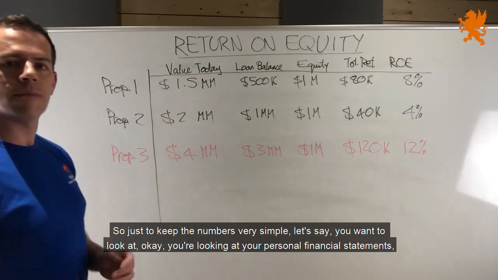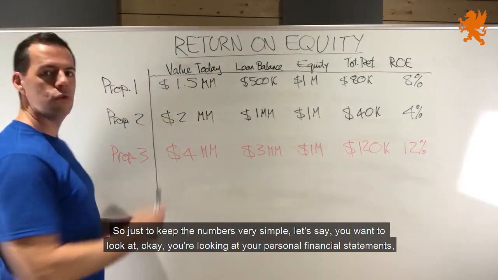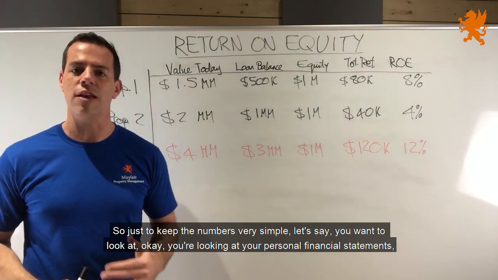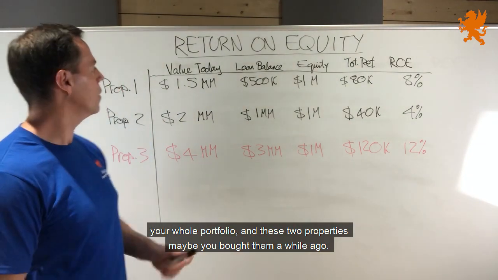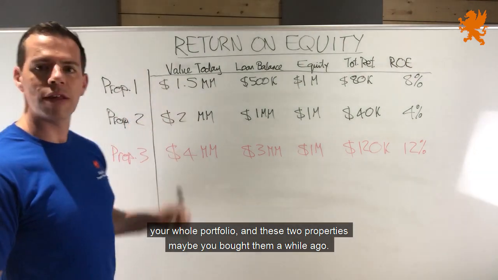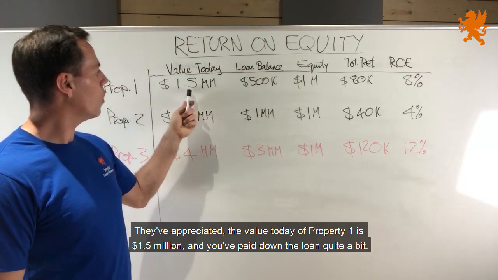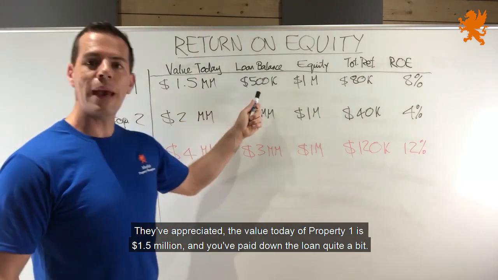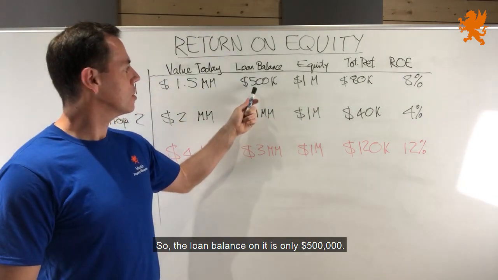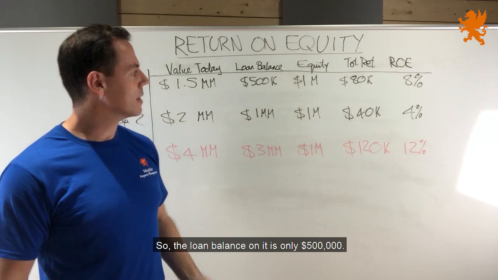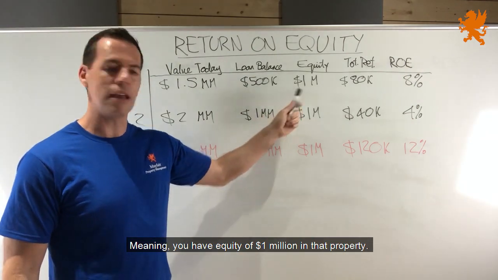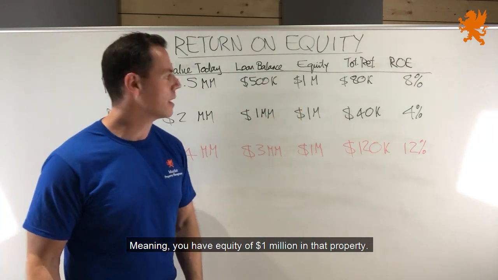So just to keep the numbers very simple, let's say you're looking at your personal financial statements, your whole portfolio, and these 2 properties, maybe you bought them a while ago, they've appreciated. The value today of property 1 is 1.5 million, and you've paid down the loan quite a bit, so the loan balance on it is only $500,000, meaning you have equity of $1 million in that property.